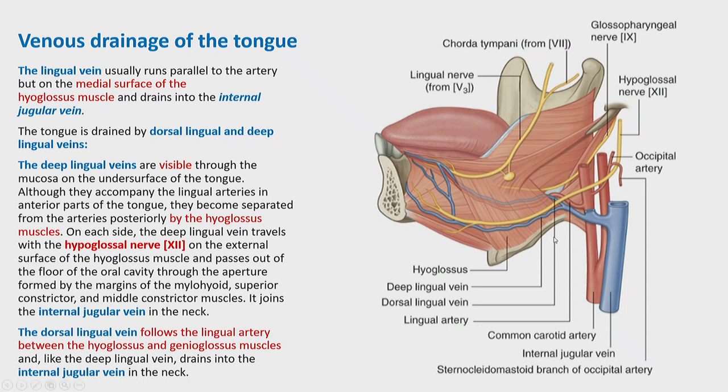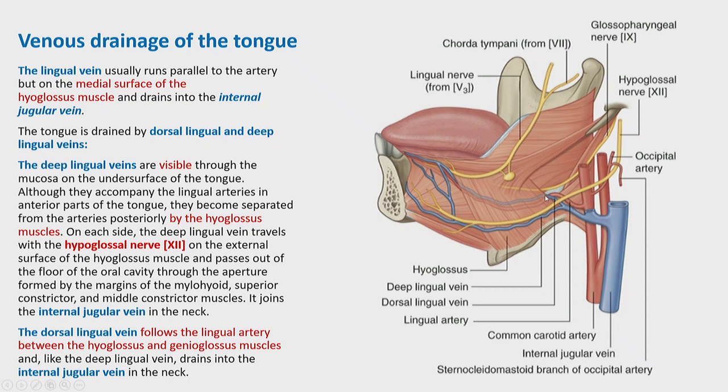Wherever the hypoglossal nerve passes, this vein is going. So this is the difference between the deep lingual vein, which passes externally to the hyoglossus, and the deep lingual artery, which passes internally.